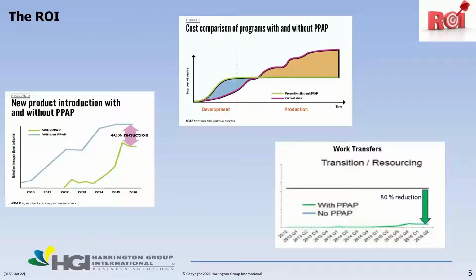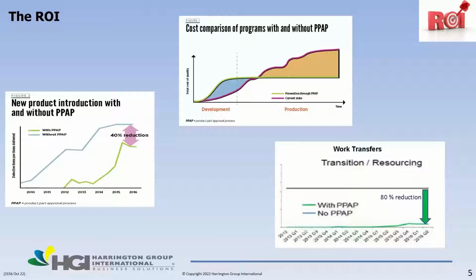When it comes to ROI, everybody wants to get a specific number for it, which may or may not be possible. But in this particular subject, there are a lot of studies about 40% reduction in defects or MRB activity, significant cost reductions throughout the entire development to production cycle.